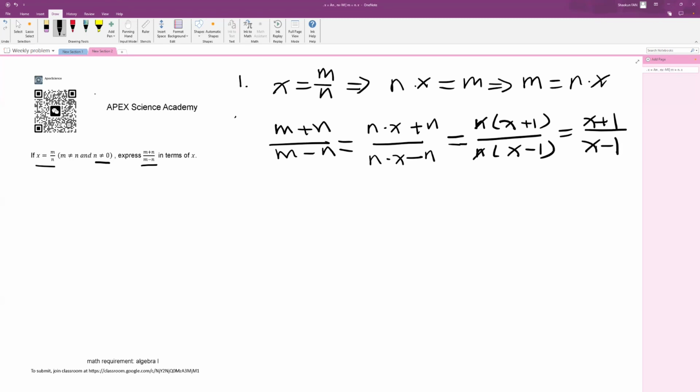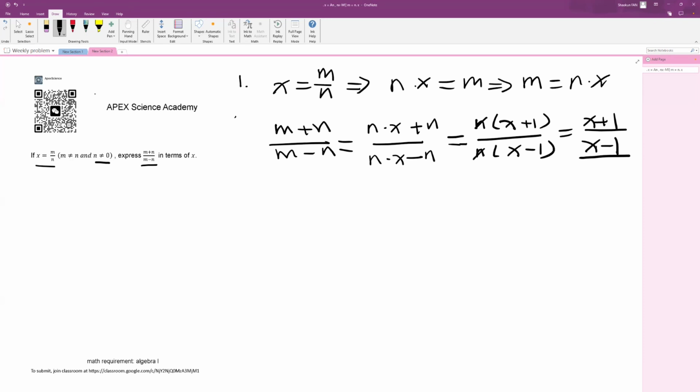Perfect. We have eliminated m from this expression by replacing m with n multiplied by x, and we were also able to get rid of n just by canceling the common factors from both the numerator and the denominator. Now the expression is only represented by x, which is our goal here.